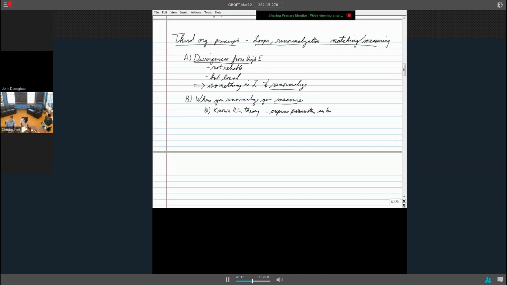There's two subcases here. Let me call them B1. B1 is a case where you have a known theory at high energies. So you've taken some theory, integrated out a set of particles, had a light theory. You express then all the parameters in terms of fundamental parameters.